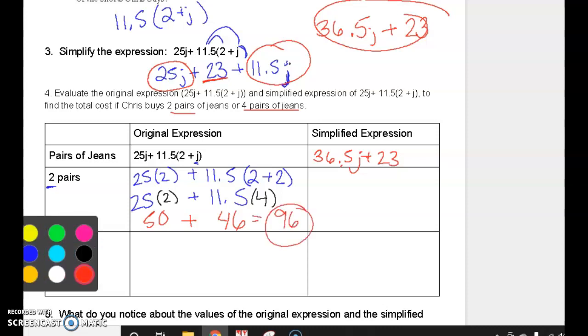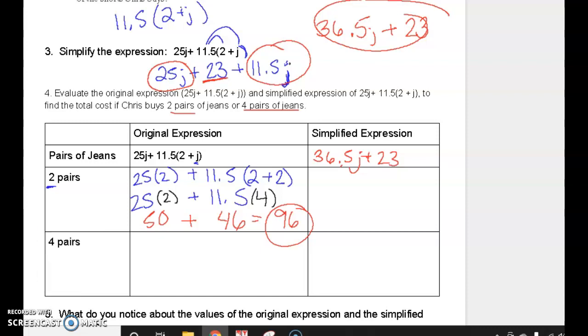There we go. All right, let's do this next problem here. Remember, wherever we see a J, we're going to put in a 2. So 36.5, and instead of J, let's put a 2, plus 23. This is a little simpler. All we have to do is multiply first.